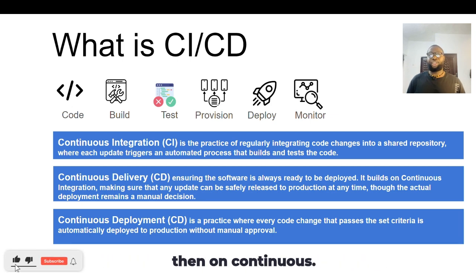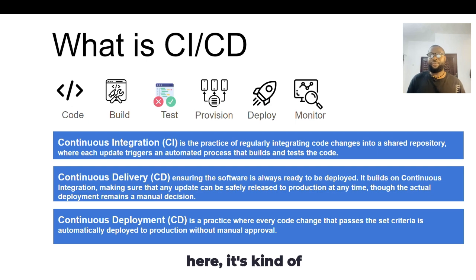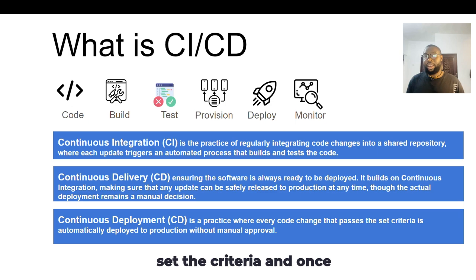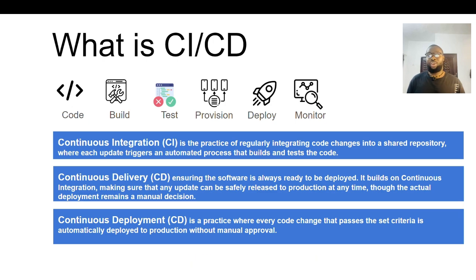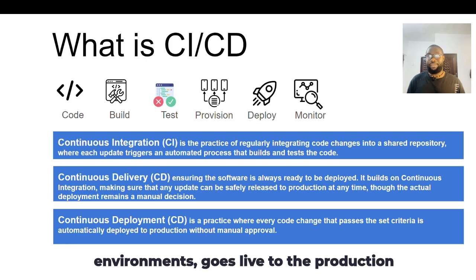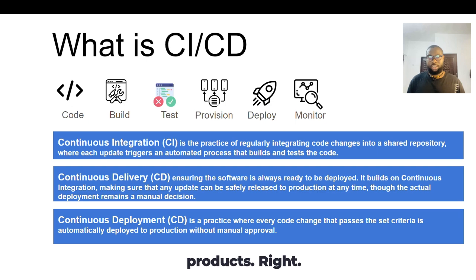And then on continuous deployment, it's automated. You just have to set the criteria, and once the product or the code passes all those criteria you've set, it goes live to the production server, and people can start using the product.